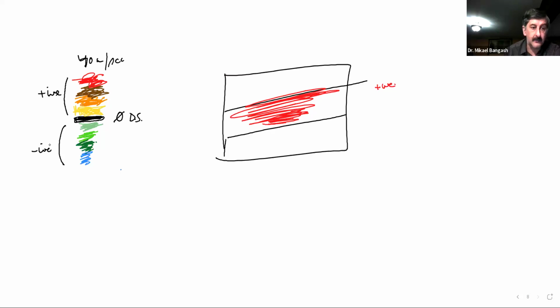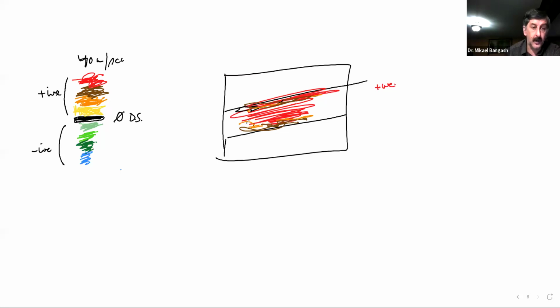Let's say that in the midst of all this, maybe there is blood that flows at a slower speed, let's say around 30 centimeters per second, in the 30s, from 29 to 39 for instance. And something even slower.